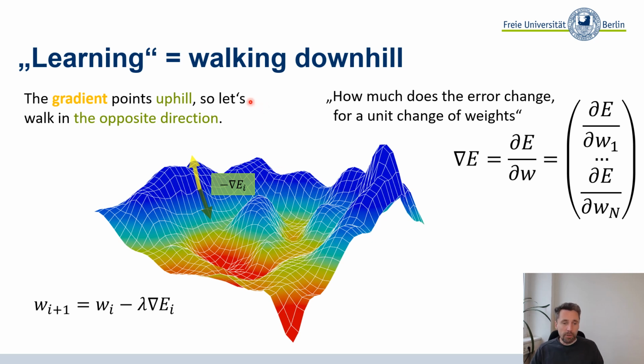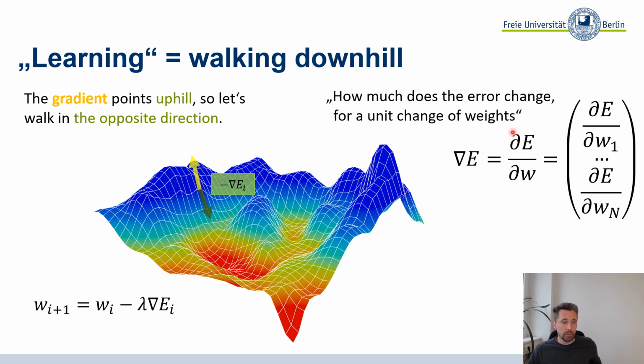So, learning really means walking downhill. Let's start at this point here. What we'll do, and that's why this method is called gradient descent, is use the gradient, which is a vector.